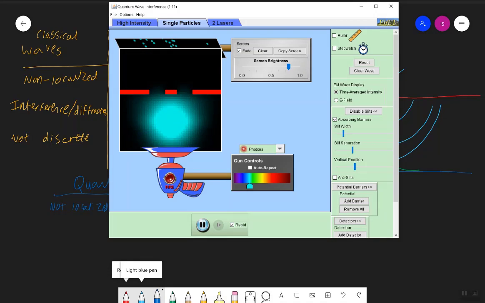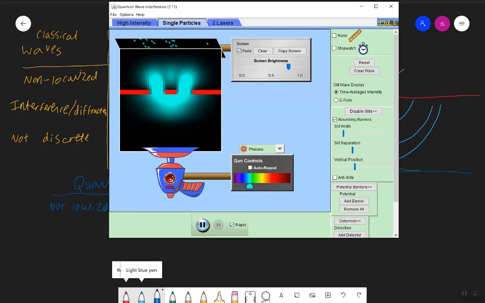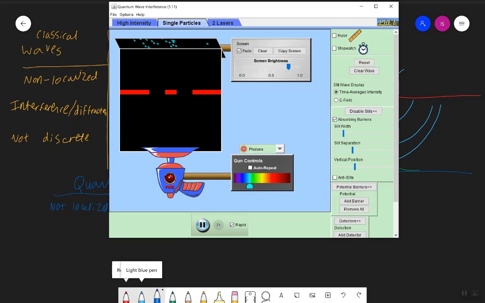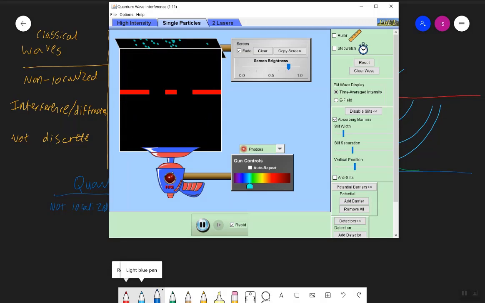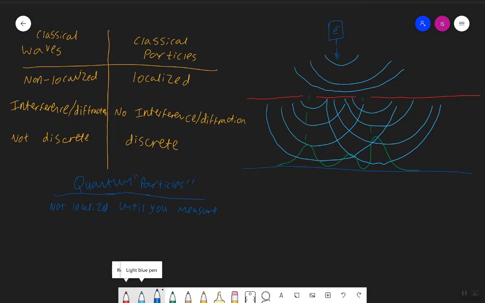You'll get the distribution that we saw. It's random that it's not showing up there as much as here, but if you go to the simulation and do that enough, which I don't want to do in this video, you'll see it. So quantum particles are not localized until you measure. So they're both sort of non-localized and localized, because they are localized once you measure them.